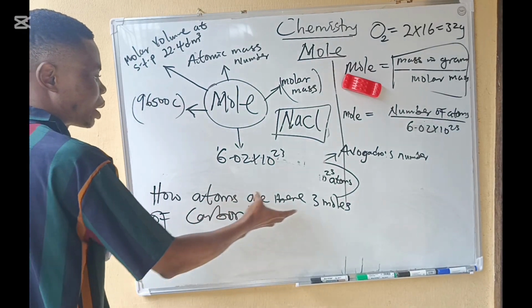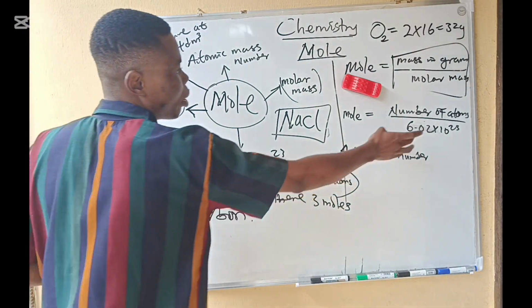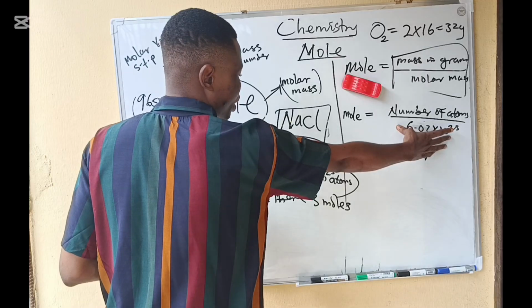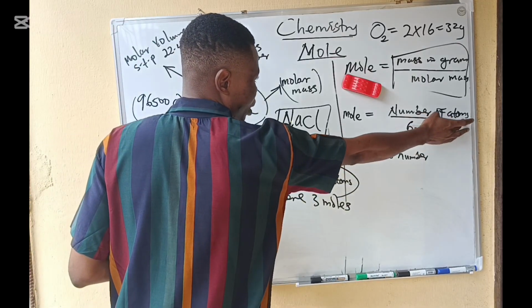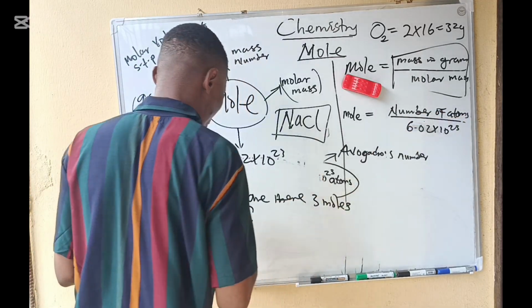Remember, now we are referring to the number of atoms. We are going to use this formula. Moles is given, so we are looking for the number of atoms or particles. So what should we do?